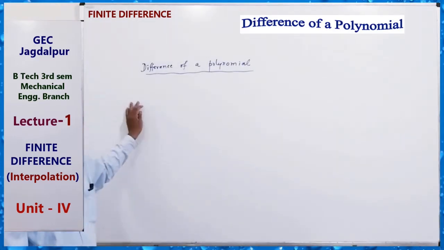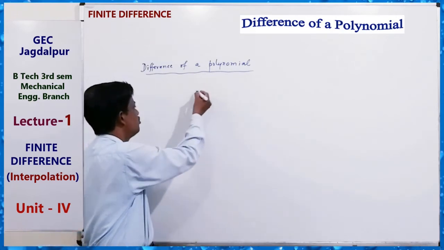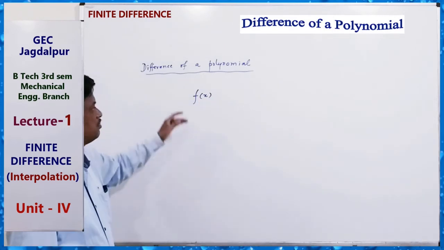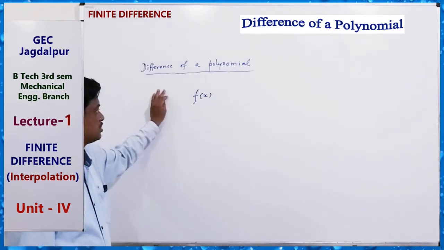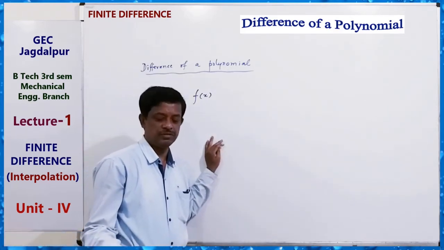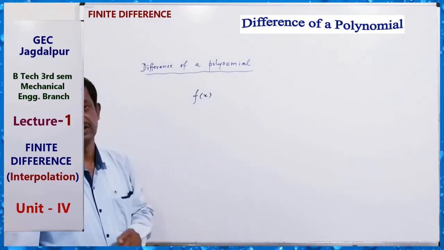Difference of a polynomial. Suppose difference of a polynomial means generally we are discussing a function. The function may be a polynomial. Clear? So suppose we have a polynomial of which degree? We know first degree, second degree, third degree, fourth degree, fifth degree may be the degree of the polynomial.